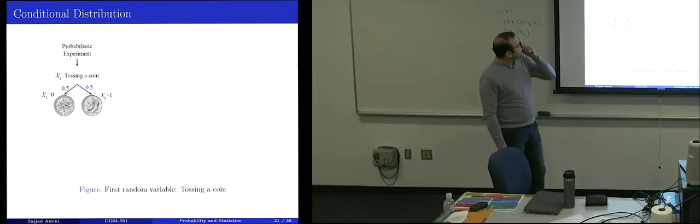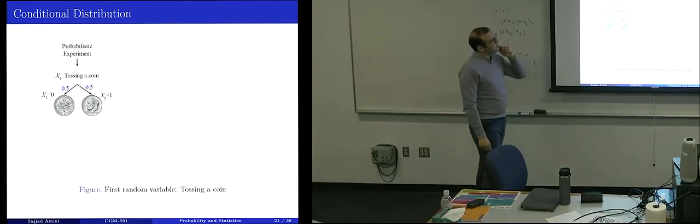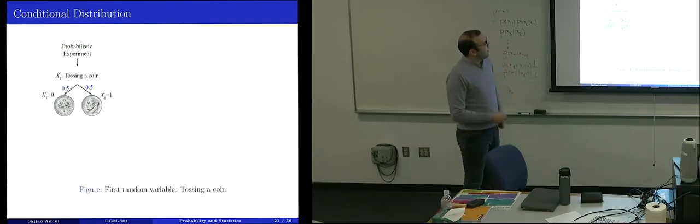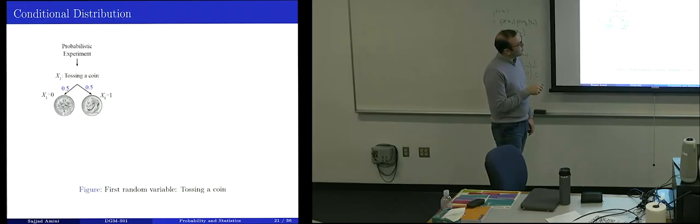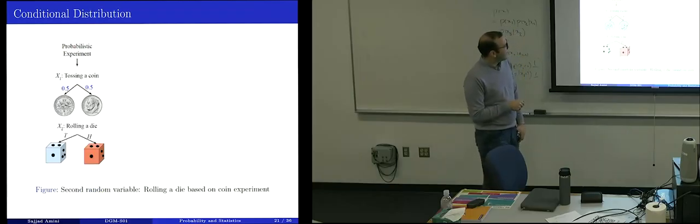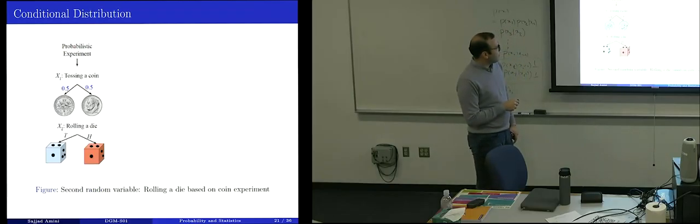Okay. The next one is the conditional distribution. Assume that my probabilistic experiment is this experiment. At first I toss a coin. This event is 1, this event is 0, and the probabilities are written here. And as the result of the coin tossing, I roll a die.